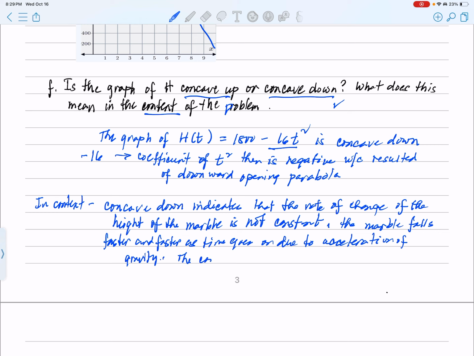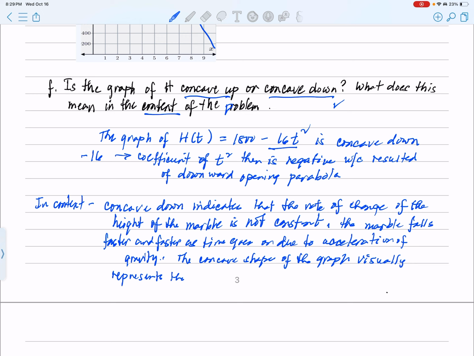So we could say the concave shape of the graph, visually we could see it. And what does it represent?